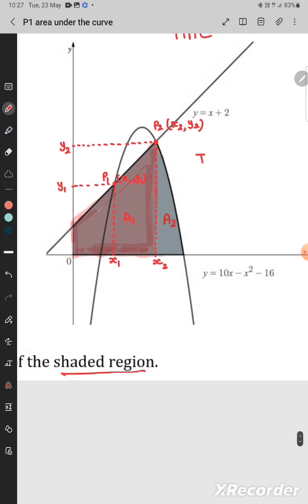So the total shaded area will be A1 plus A2. First let's concentrate on finding the value of A1. A1 is the area under the trapezium.